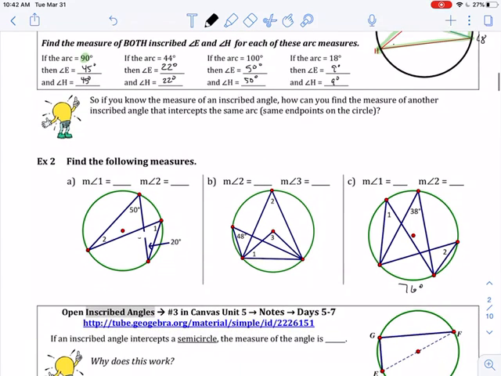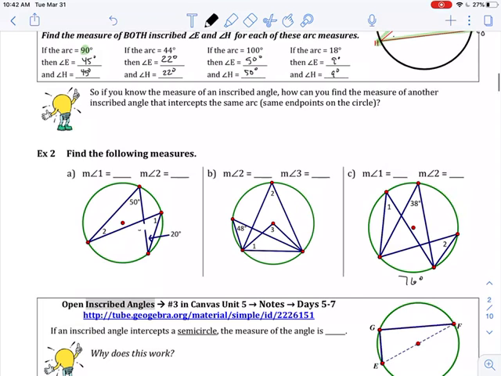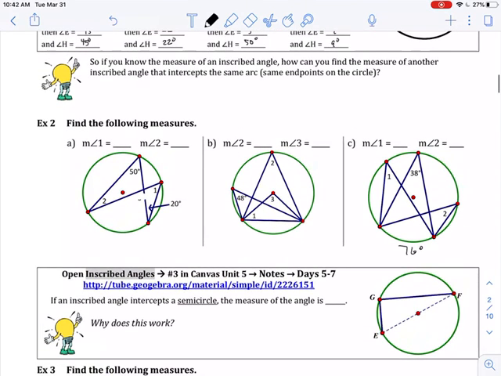Okay, so let's look at these more like how we're going to see on the quiz and the test coming up, because you might get something that looks like this. If I look at angle 2, it's going to intercept there. Angle 1 is going to intercept at this arc down here.